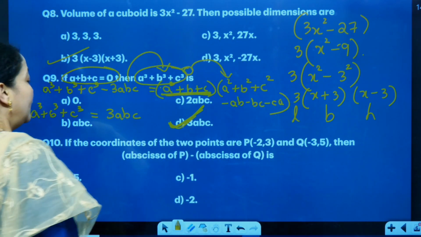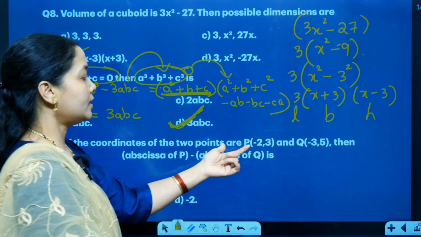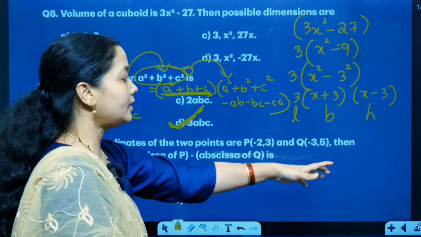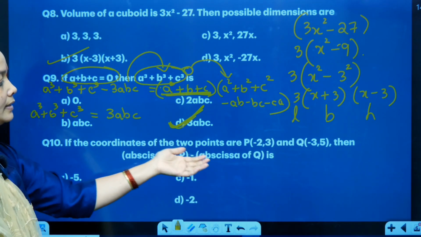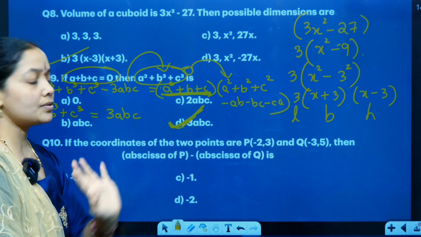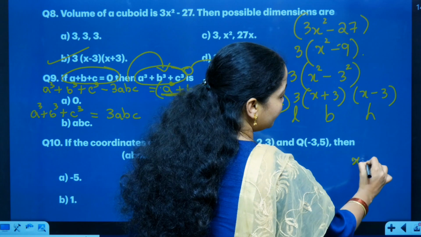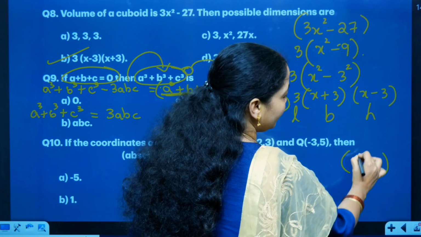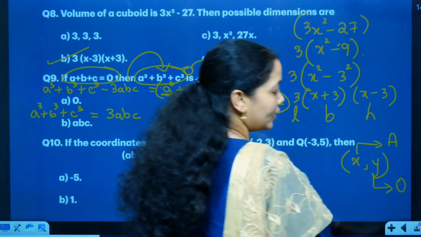In this, the coordinates of the two points are given: P (negative 2, 3) and Q (negative 3, 5). Then the abscissa of P subtracted with the abscissa of Q. What is abscissa? If I have a point or coordinate system x, y, the x will always be called my abscissa and the y will always be called my ordinate.